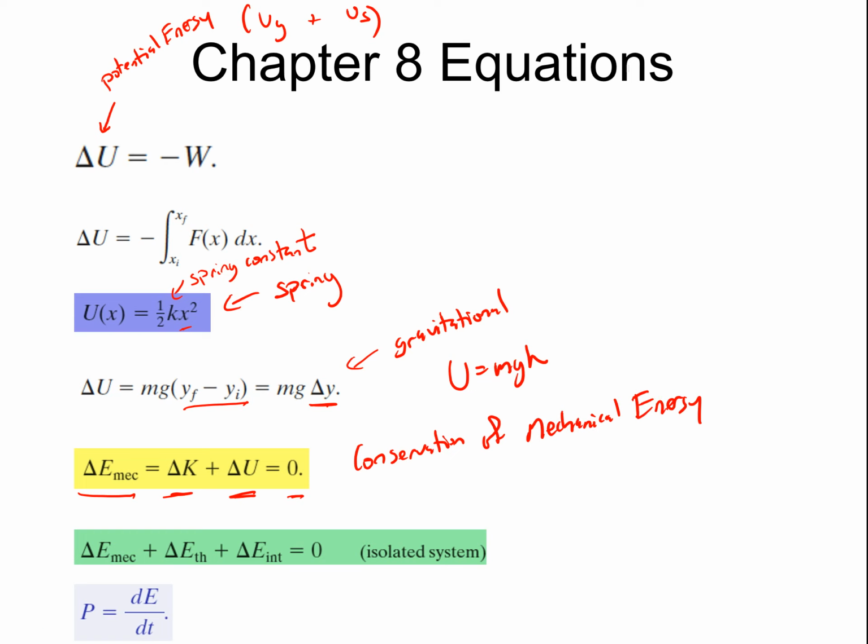And the last one is the change in mechanical energy plus the change in thermal energy plus the change in any internal energy is going to equal 0. So this is really the conservation of all energy. Basically it's just saying that energy cannot be created or destroyed.